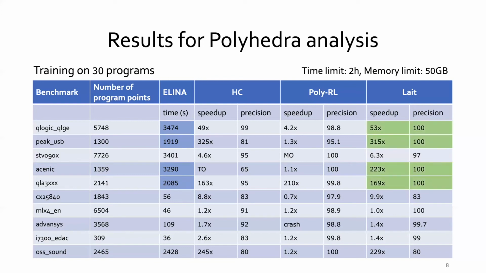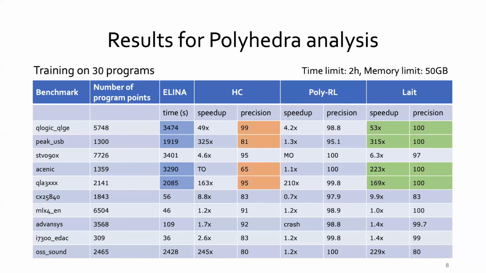For these 4 programs, Lait achieves up to 2 orders of magnitude speedup and 100% precision. That is to say, even though faster, Lait does not lose precision and infers the same invariants as ELINA at all program points for these 4 programs. This demonstrates ELINA's redundancy for analyzing these 4 programs, and Lait is able to correctly identify and remove redundant constraints.